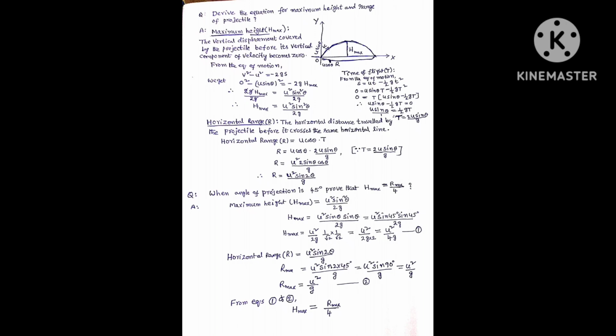Here T is not equal to 0. When we equate u sin theta minus half gT equal to 0, we get T equal to 2u sin theta by g. This T value we can use in the derivation of horizontal range.